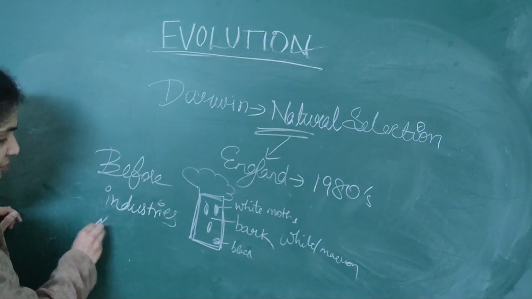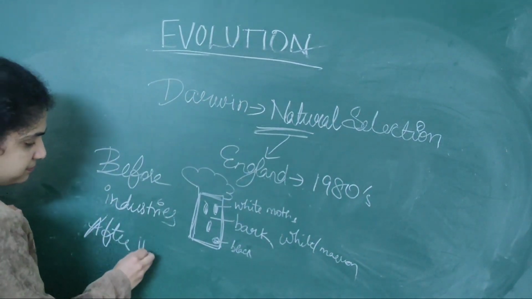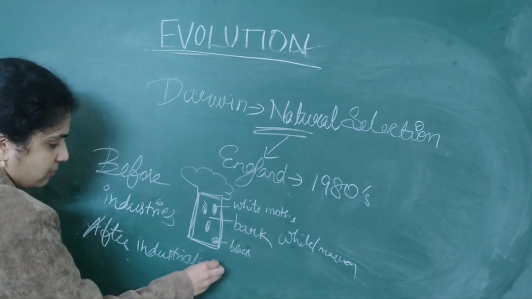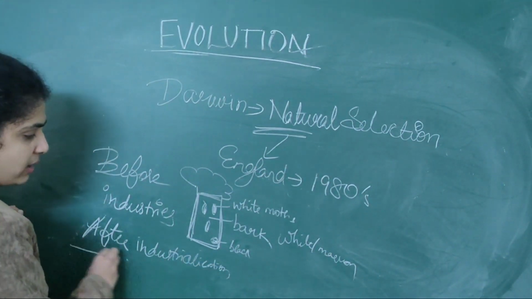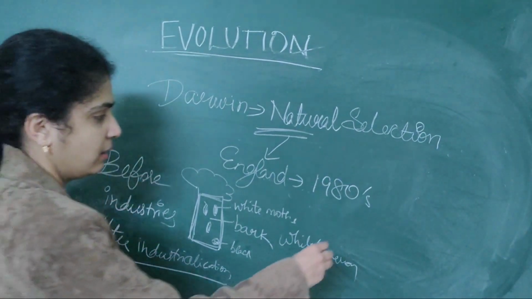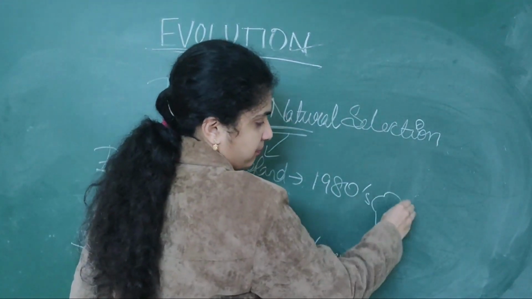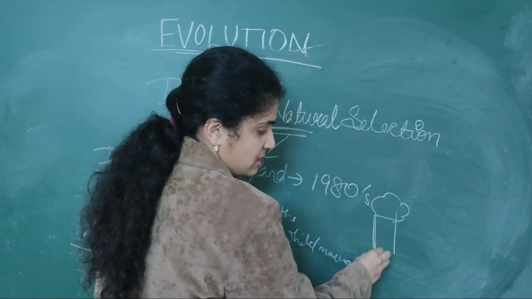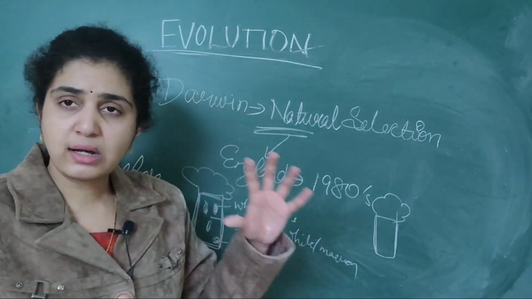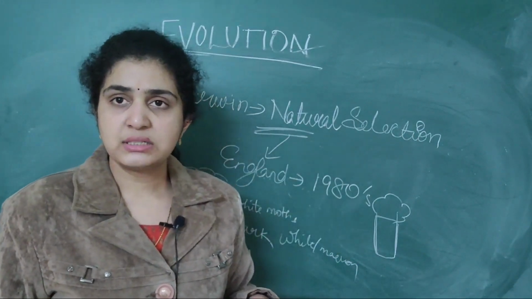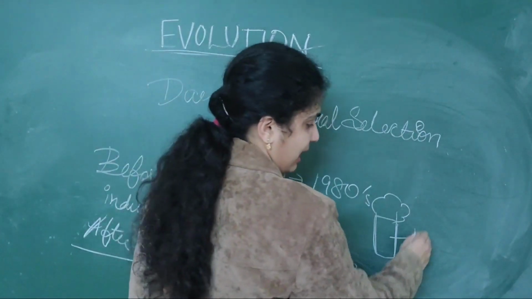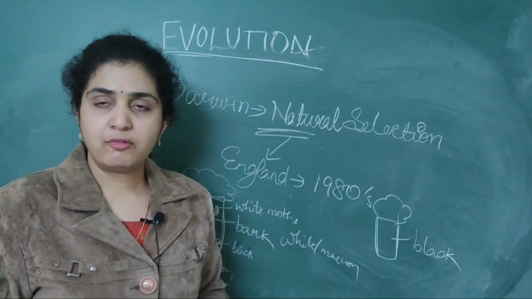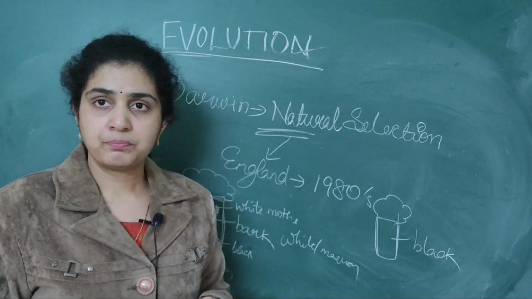Later, after industrialization, what happened? Again, the tree bark. Now the tree bark, due to smoke released from numerous industries, became black in color. Now what happened when they became black in color?